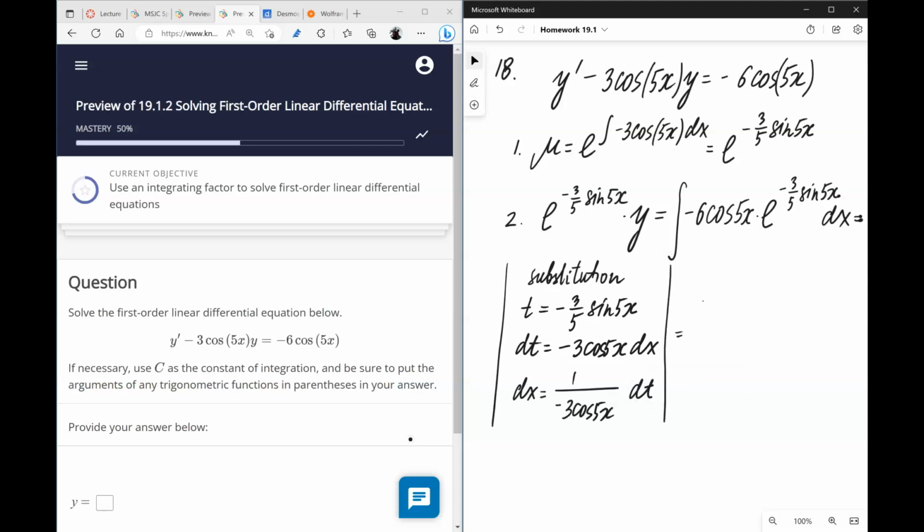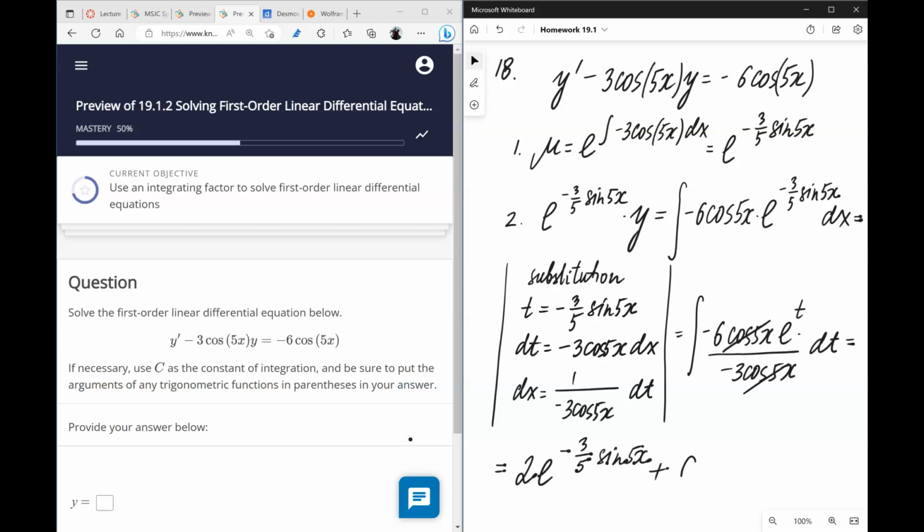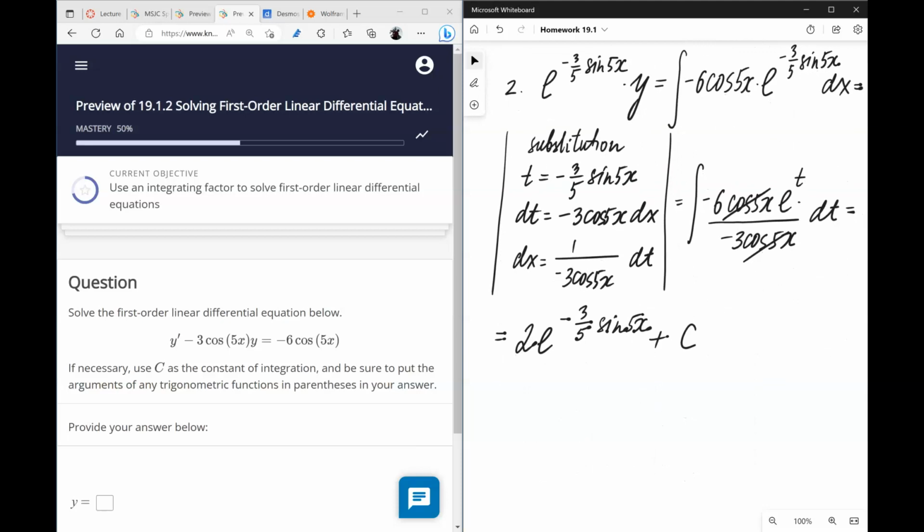Now this integral becomes negative 6 cosine 5x e to the t, and instead of dx I'm going to write 1 over negative 3 cosine 5x dt. So this cancels. Negative 6 over negative 3 is just 2, so we have 2 e to the power t, but t is negative 3/5 sine 5x plus c.